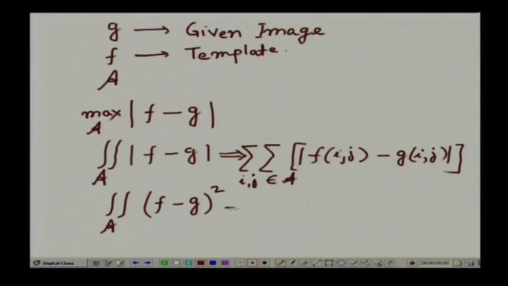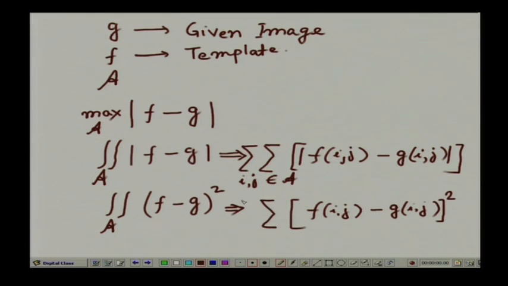And if I convert this expression again in the digital form, this becomes f(i,j) minus g(i,j), square of this, and take the double summation for all i, j belonging to that region A. So, this is nothing but the sum of the difference squares.